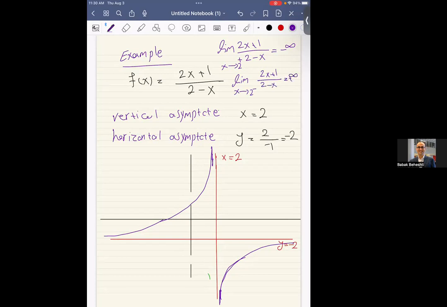So x goes to 2 minus is basically this part, you see. This part is when x goes to 2 minus. This part on the right-hand side is when x goes to 2 plus.